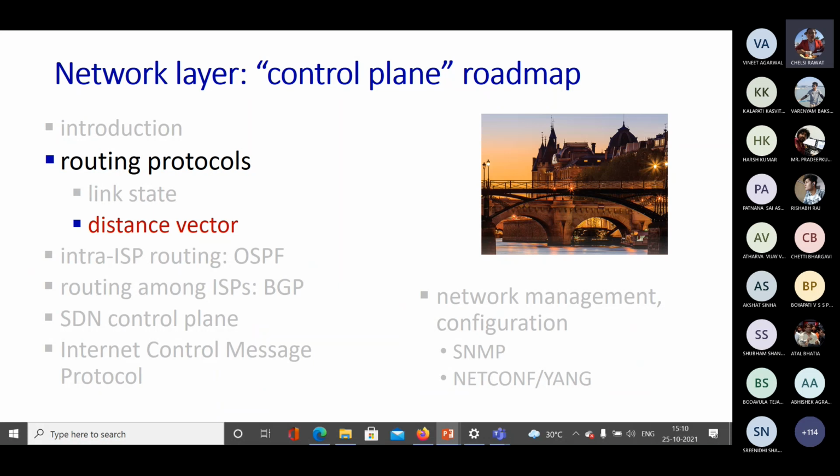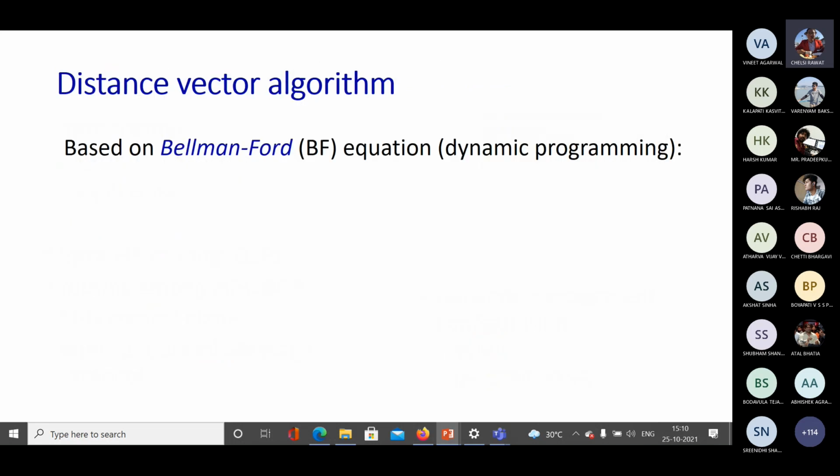So today, we are going to start with the second category of routing algorithms that we were looking for, and this category is the distance vector algorithm. In the link state algorithm, we had the information of all the nodes present in the network or the graph.